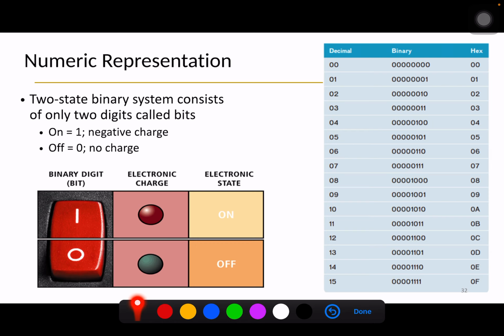Here we have 8 digits. In binary, we call it 8 bits. If the binary number only has 4 digits, then it is called 4 bits. When the binary number has 2 digits, then it is called 2 bits.